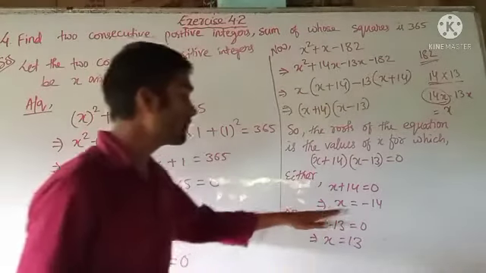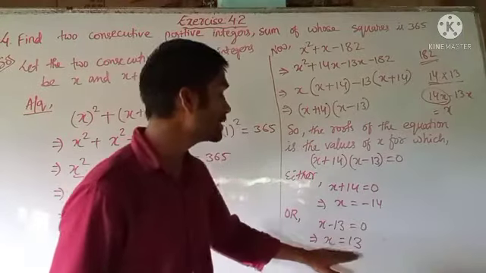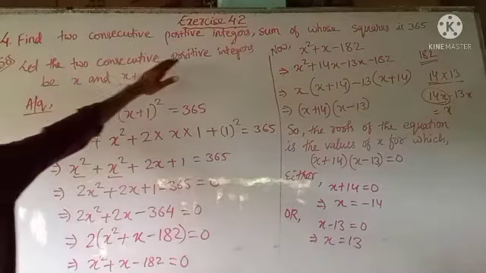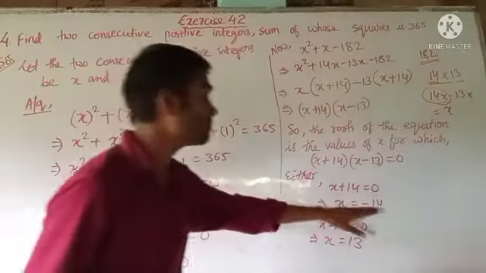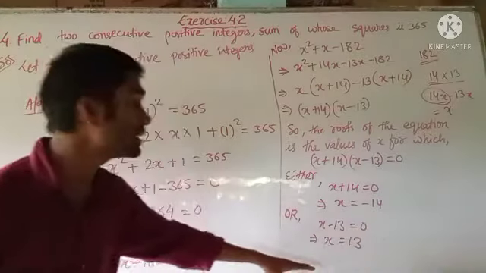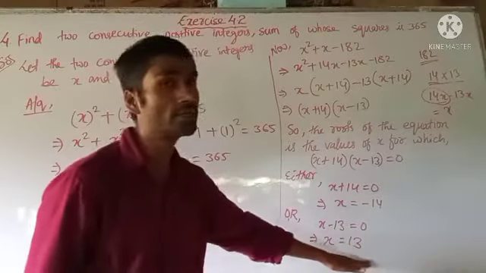Now the values of x we got here are minus 14 and 13. Here it is given that it is about positive integers, so it cannot have a minus value in it. The value of x cannot be minus. So we'll take the positive value for x, that is 13 only.